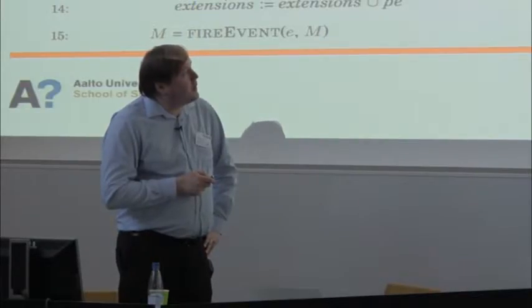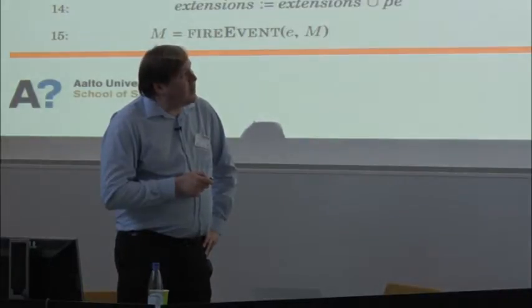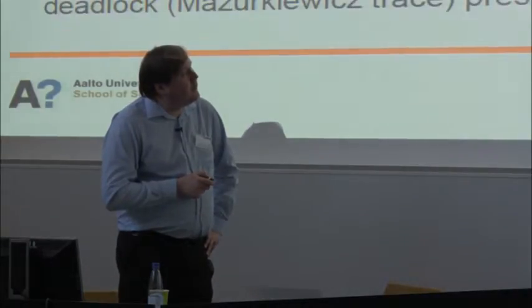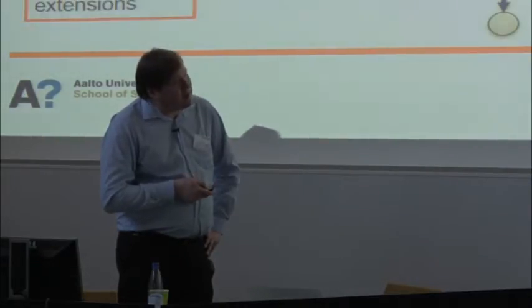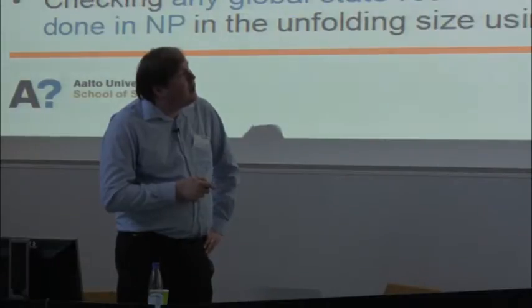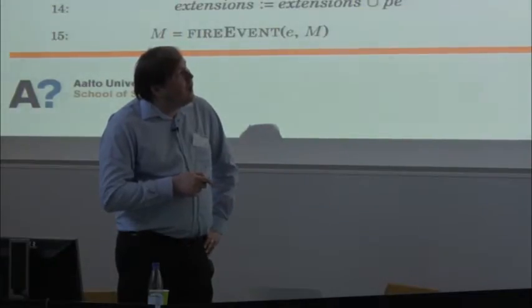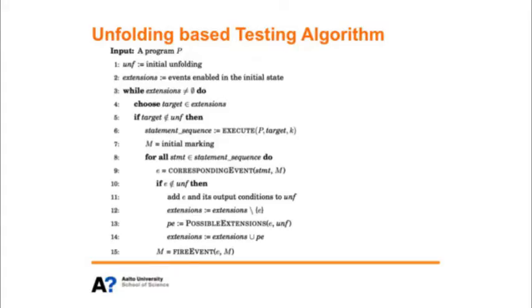You start with an initial unfolding that's empty. You look for events enabled in the initial state. While you have something you can add to the unfolding, like in here we knew that there's this race and this right in here can be added to the unfolding. As long as we know that there are such things, we pick one of them.